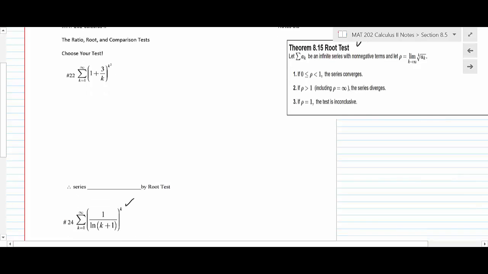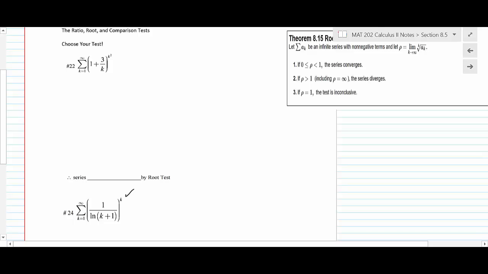So number 24 looks a whole lot like it could be a root test, and this one right here is also maybe a root test, because you have a power of K. Even K squared might work out okay. So let's go ahead and do 22 by the root test.